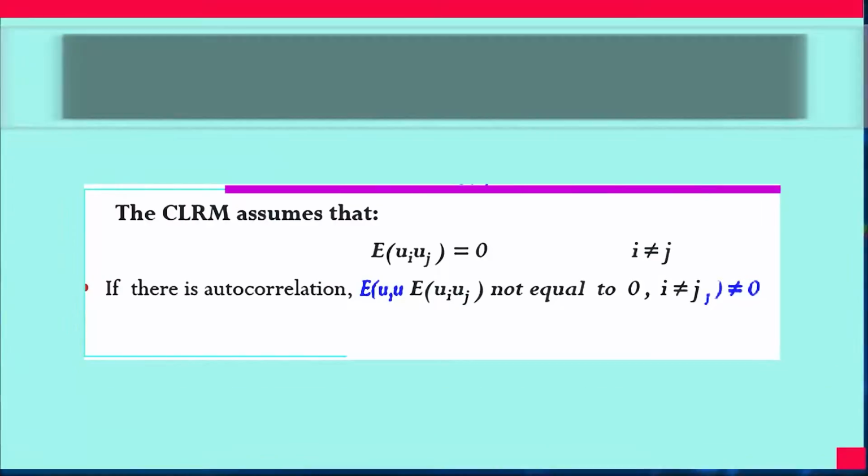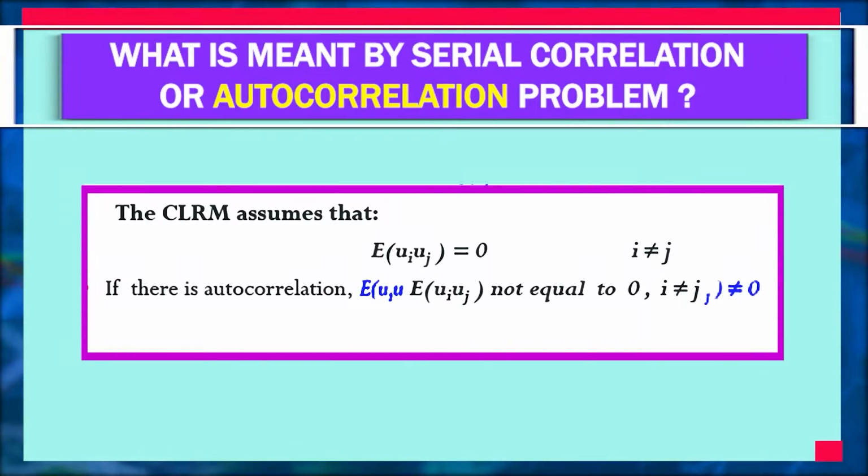But in the presence of autocorrelation, these ui and uj are dependent, because random effects, disturbances, policy effects, and many kinds of unwanted incidents all affect the disturbance term. This gives rise to the problem of autocorrelation.